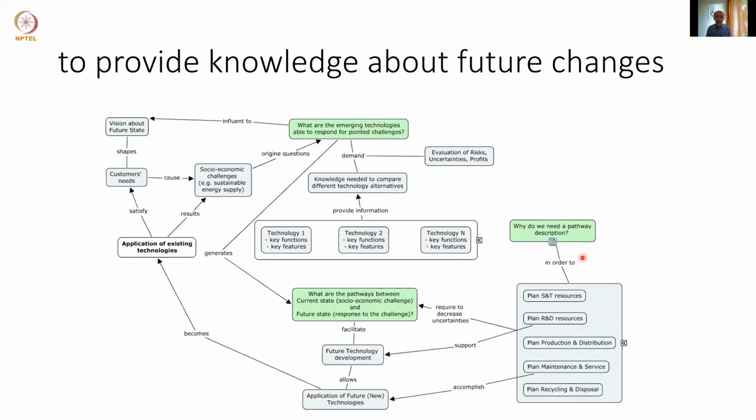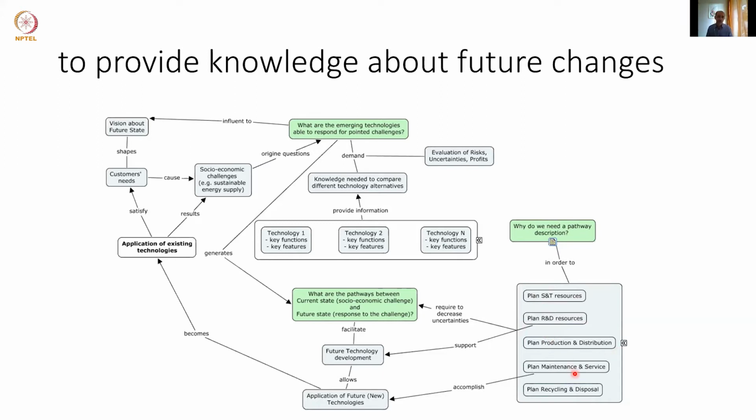Because we need to have a pathway from the present state to the next state. Why? Because we need to plan the resources. We need to plan resources for research, scientific and technological resources. We need to plan resources for research and development, industrial resources. We need to plan production and distribution resources.